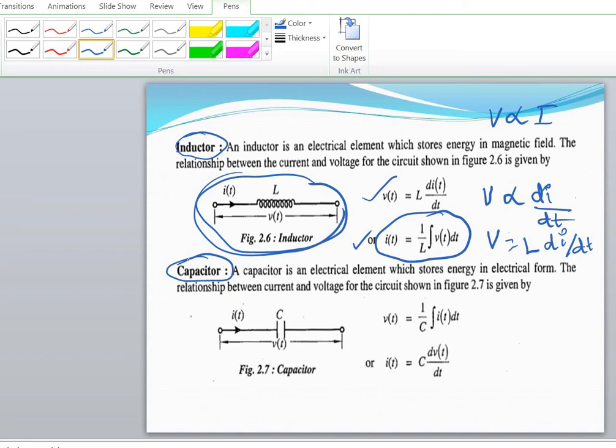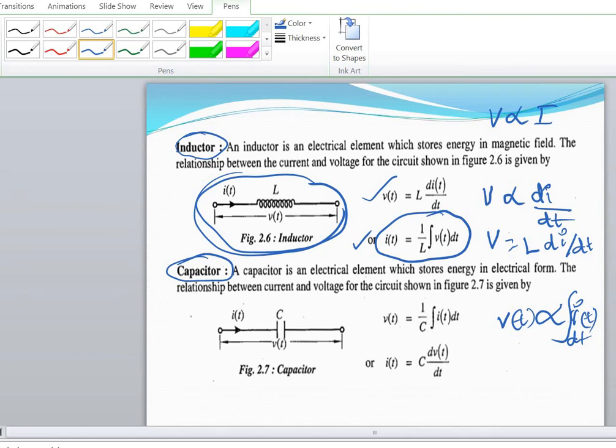The relationship between current and voltage for the circuit having one capacitor is V of t is proportional to integration of I of t dt. See here. V is proportional to current for the resistor. V is proportional to differentiation of current for the inductor.